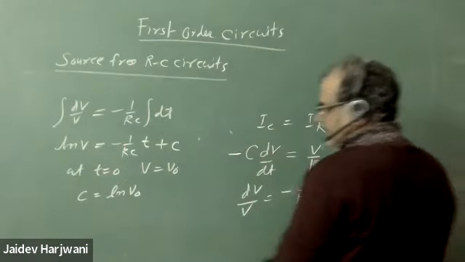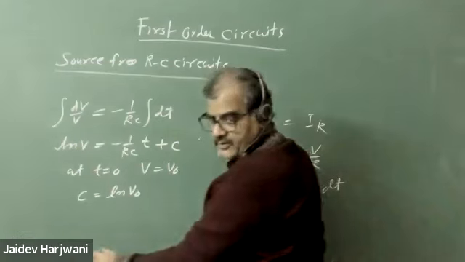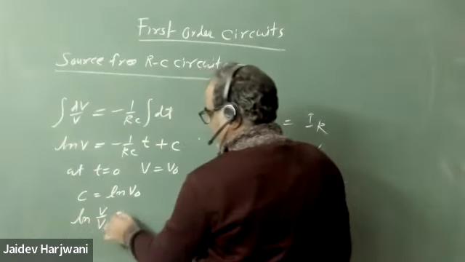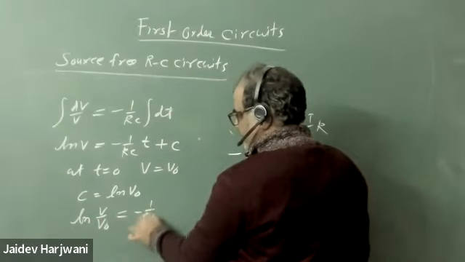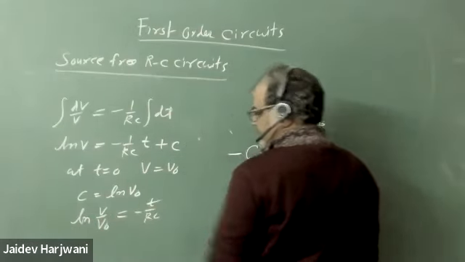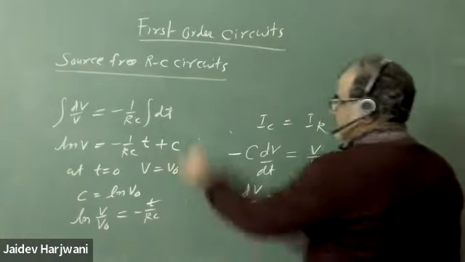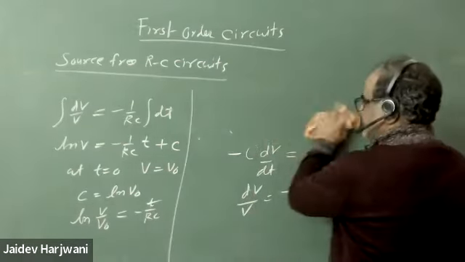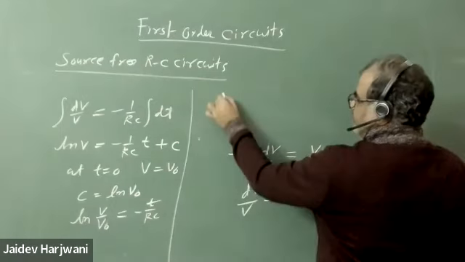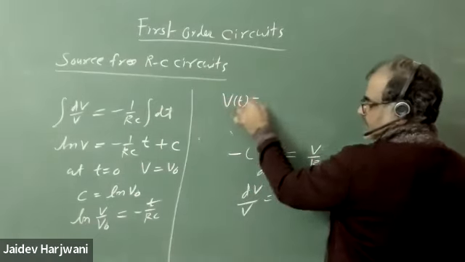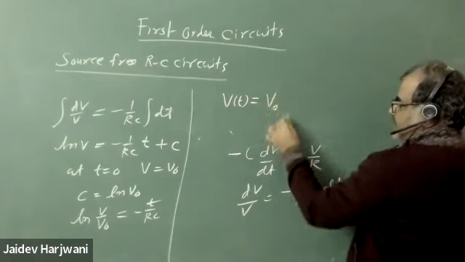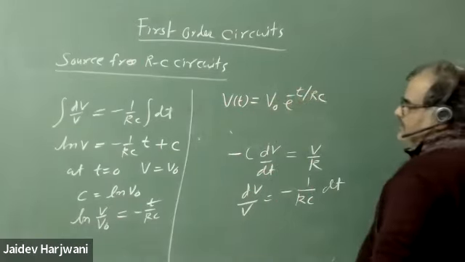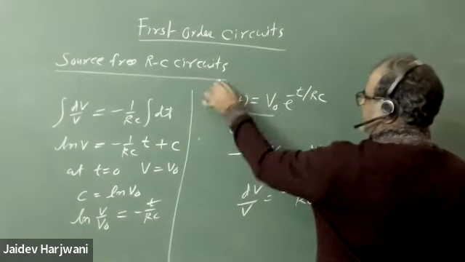Putting this value here gives ln of V upon V naught equals minus t upon RC. Further solving, V at a time t equals V naught e to the power minus t upon RC. So this is my required equation.